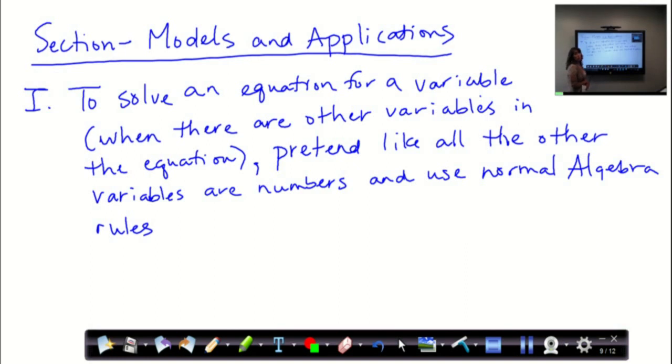Just simply pretend like all the other variables are numbers, and then treat it like you would a normal algebra equation by trying to get that variable by itself. So let's take a look at a couple of examples here. I've got 3 examples.